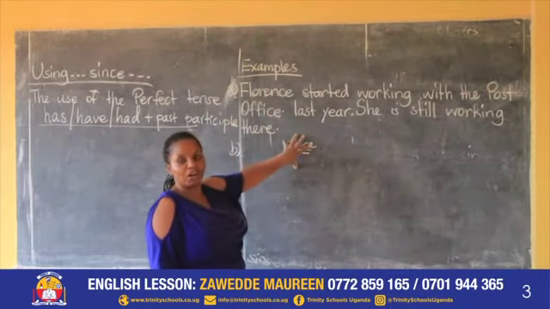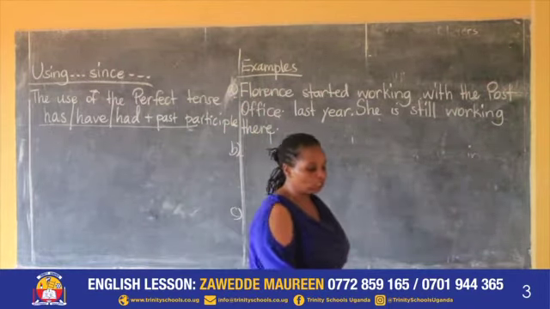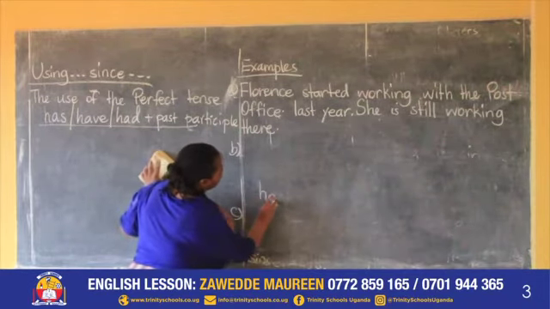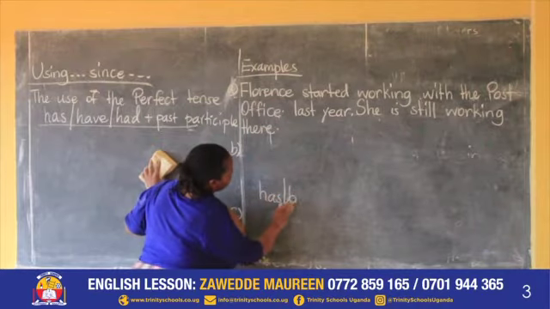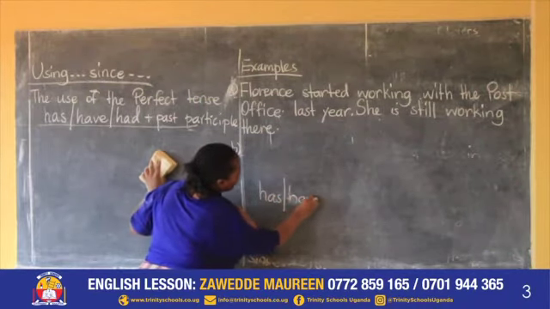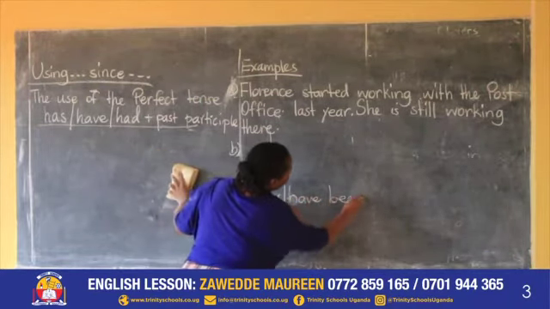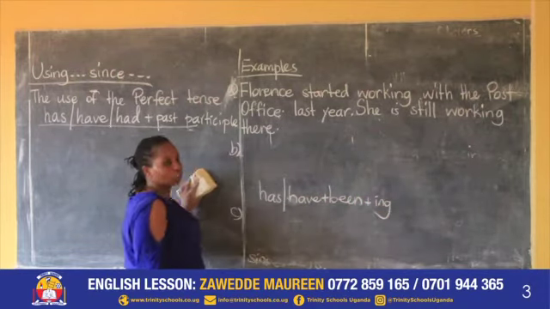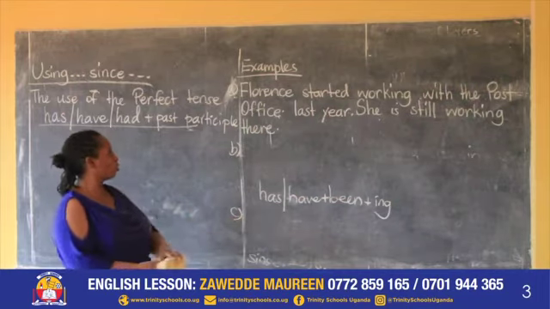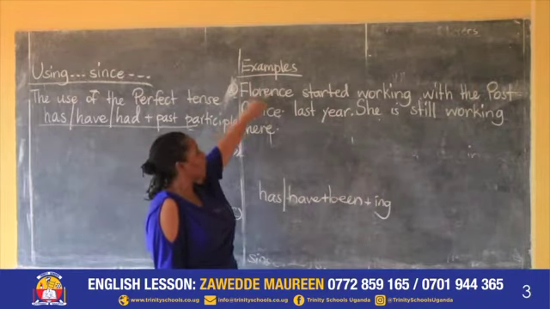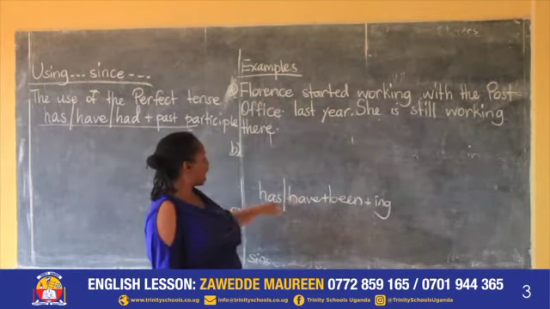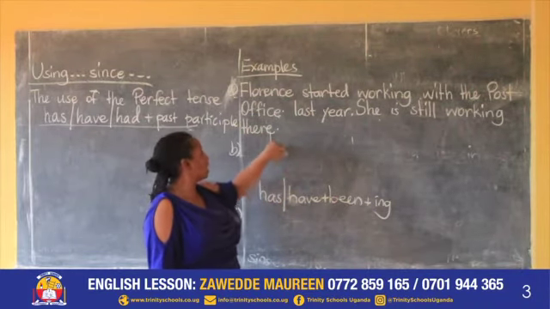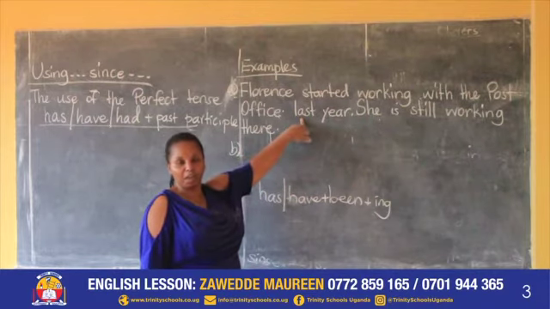So we are going to bring in our perfect tense, which we have said is used when the action is still going on, called present perfect continuous. The action has been going on. So we are going to say Florence has been working with the post office since this point of time.